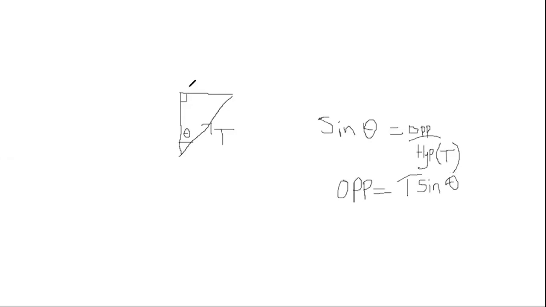So this is the one we have here as the T sine theta. Meaning that the other one there, if we go by SOHCAHTOA, here we are going to have cos, and it will be adjacent over the hypotenuse, meaning adjacent over T, making adjacent the subject. Here you will have T cos theta.